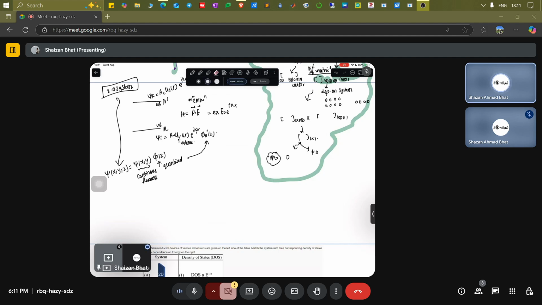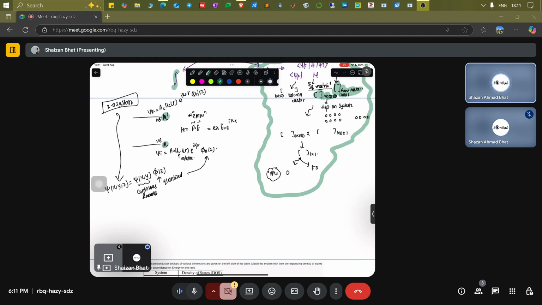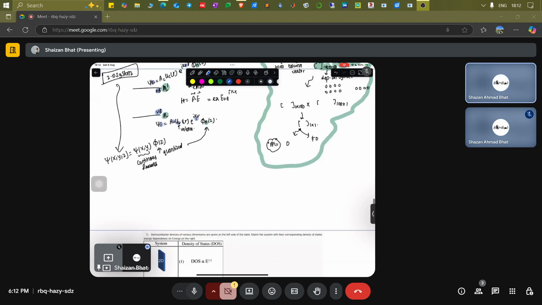This is n and this is n dash. This is the conduction band, so this is final. This is the valence band, so this is the initial state. Okay, now the notation is clear.